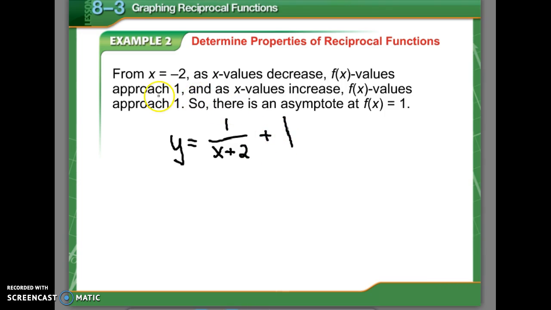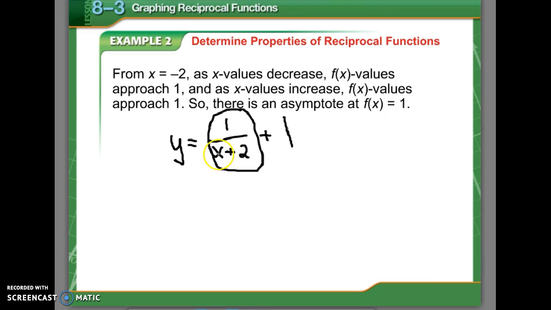So in order to figure out your horizontal asymptote, what you want to do is look at your fraction right here. And we're going to look at the powers of our variable. So we have a variable in the denominator that's the first power, but we don't have any variables up here. Whenever the power is larger in the denominator, this fraction is going to approach the value of 0 as you put in really big x numbers.